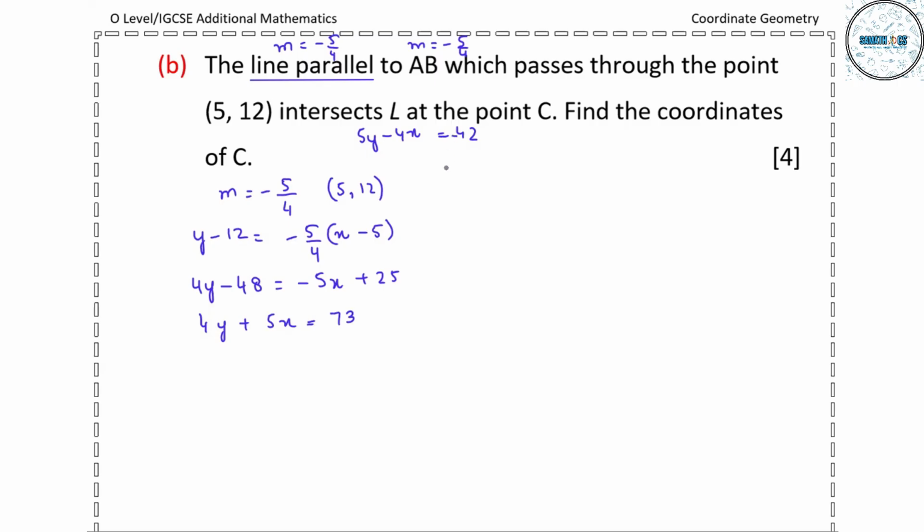We have another equation which we have of line L, 5y minus 4x is equal to minus 42. We can make x the subject by taking this on this side and 42 here. So 5y plus 42 is equal to 4x, and x is equal to (5y plus 42) upon 4.